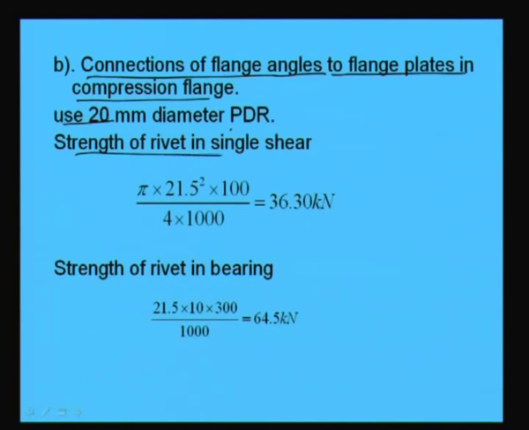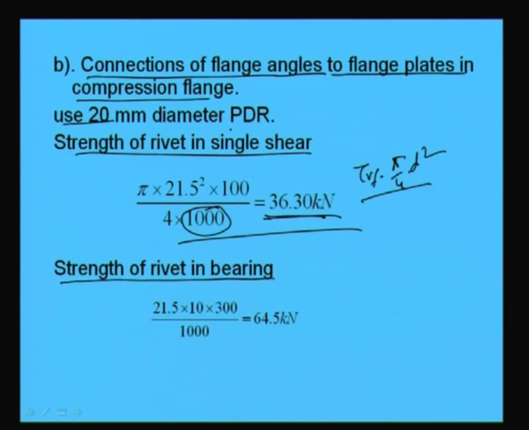So, the strength of rivet in single shear will become pi by 4 into d square into tau Vf, because this will be in single shear, and 1000 has been divided to make it kilonewton. In this way we can find out the strength of rivet in single shear as 36.3 kilonewton.